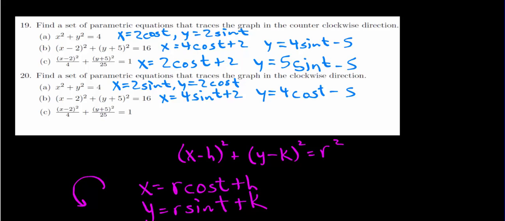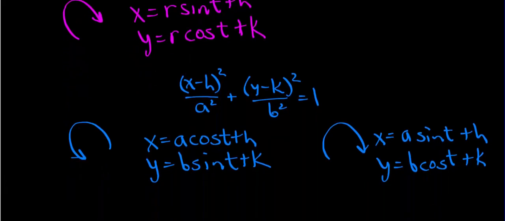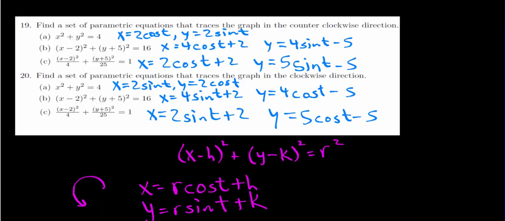And down here, this one would be x is equal to 2 sine t plus 2, and y is equal to 5 cosine t minus 5. Okay, just make sure I got those right. Now I think that's it. I think that's everything. So good. Hey, look, I rushed through this fast. It was very quick. So don't hesitate to ask questions if you have them.